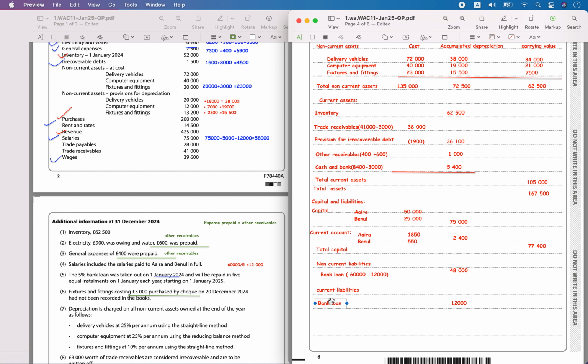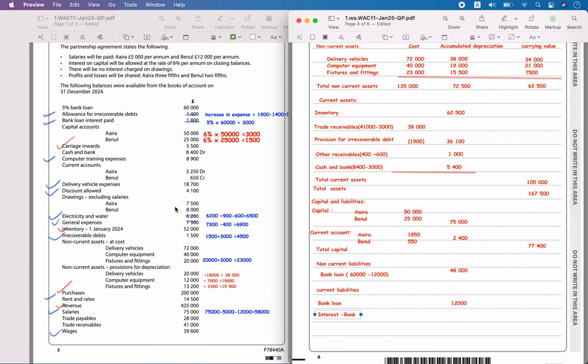The bank loan interest repayment was still owed.